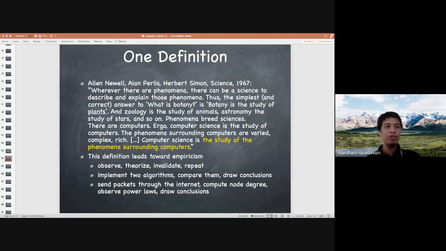Okay, no question? Okay, we have a question. This is from Dean Aji. If computer science is meant to be objective, would that work well with the subjective nature of philosophy?